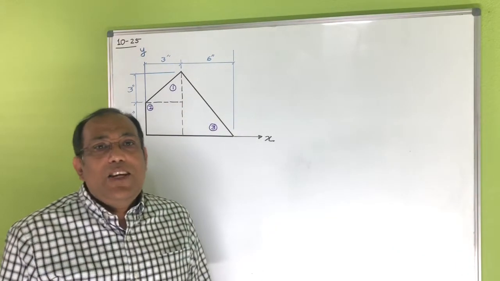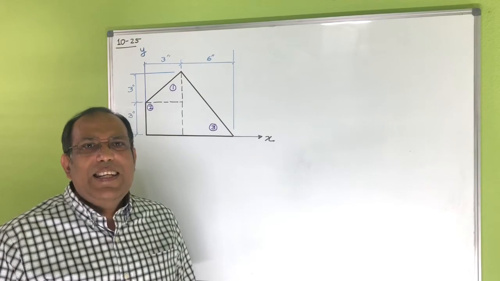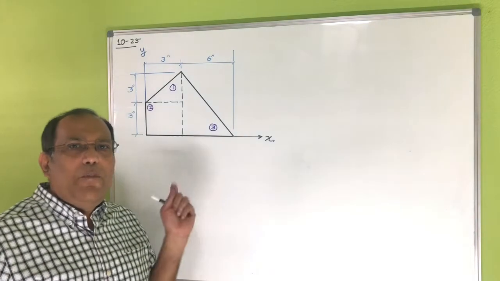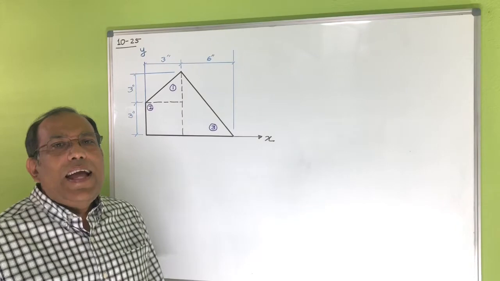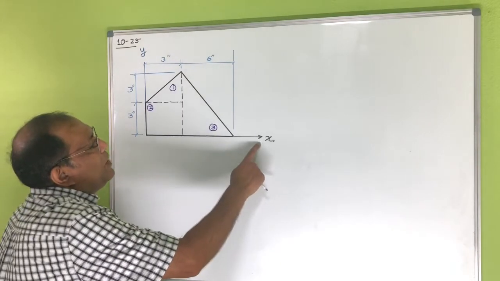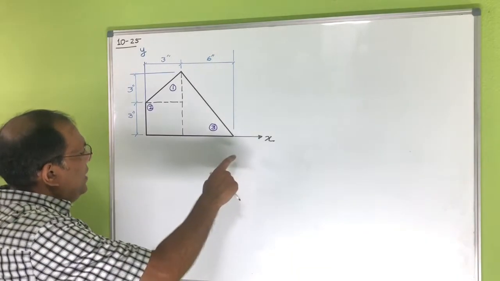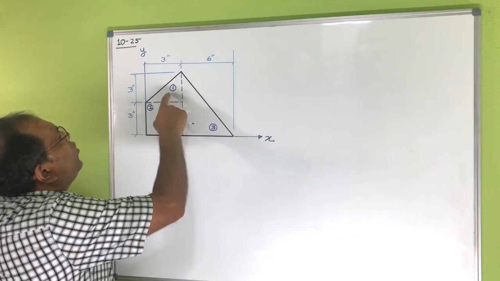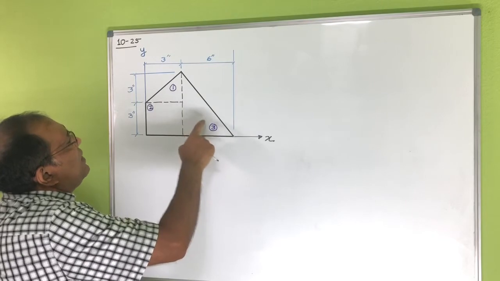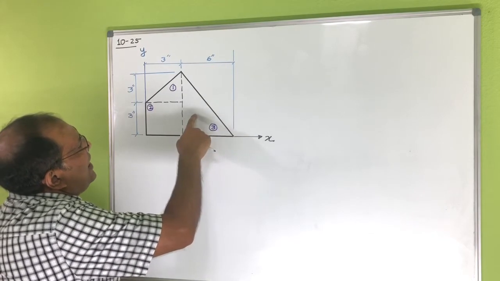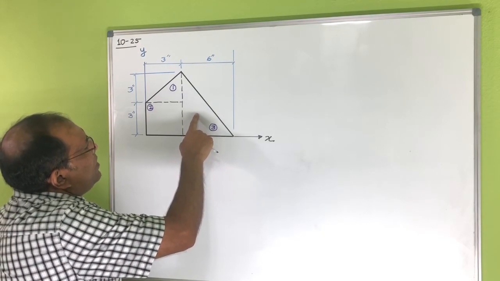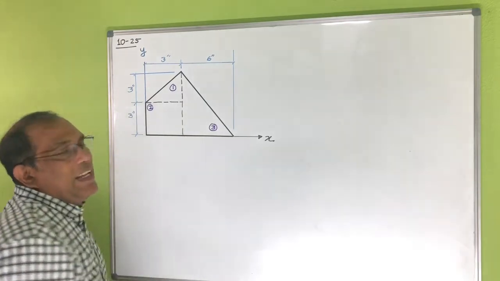But they are not asking for the moment of inertia at the centroidal axis of component A, they are asking for the moment of inertia at the x-axis. So we have to get the moment of inertia at the centroidal axis and then transfer it from the centroidal axis to the x-axis.